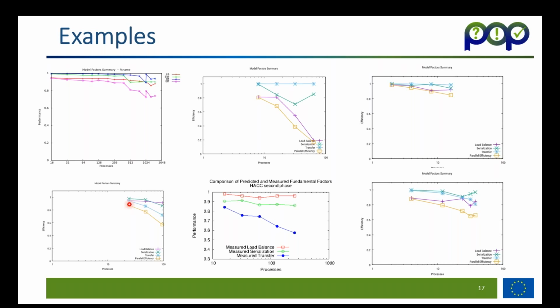In this case, load balance is more of a problem at lower core counts for this application than serialization, while at larger core counts, serialization starts becoming more of a problem than load balance. These types of things let you better understand the behavior of the application and infer some possible future trends when you scale. They also may let you identify strange behaviors like this one here, where there's a kind of spike.